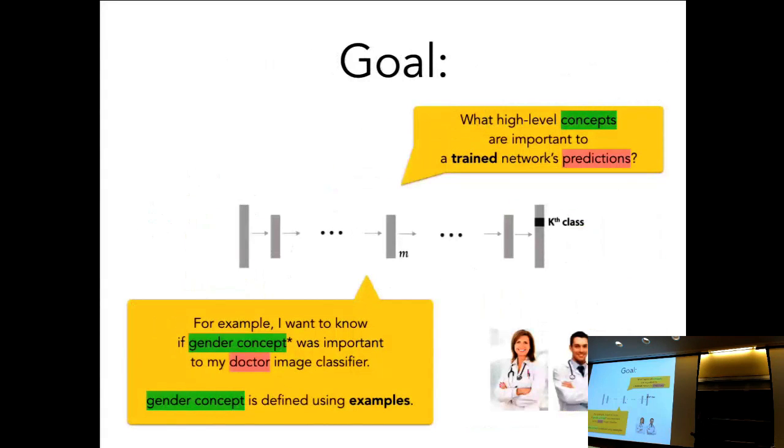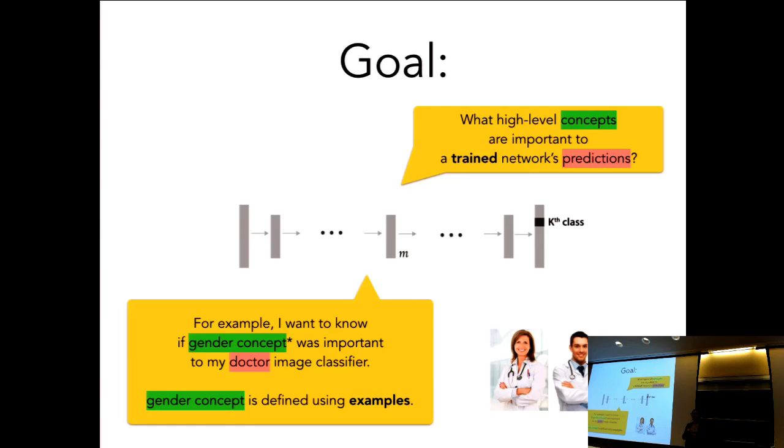So the high-level goal goes like this. We are interested in using high-level concepts of your choice, you the user, to explain whether that high-level concept was important for a prediction of this network and how much. To give you a concrete example, let's say I build a neural network that tells, given an image, whether this is a doctor or not a doctor.